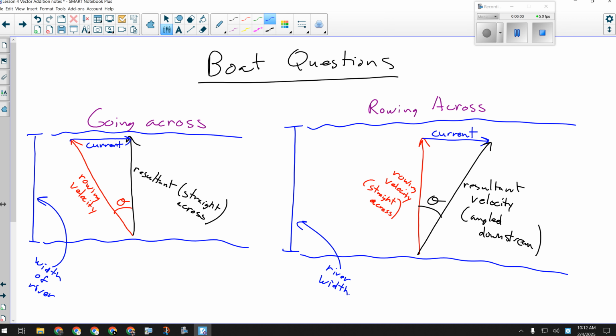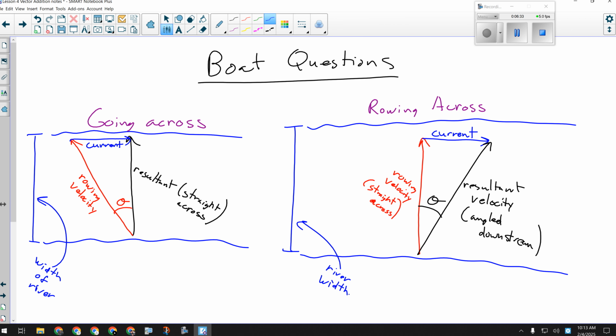The reason you're often given that is because one of the things you'll be asked to calculate in a boat question is how long it takes you to get across. So how long would mean I'm trying to calculate what? Total time. So am I likely using V equals D over T in a boat question? Yeah, because I've got a lot of velocities here, right?